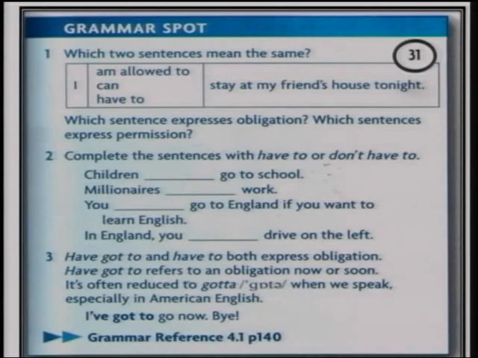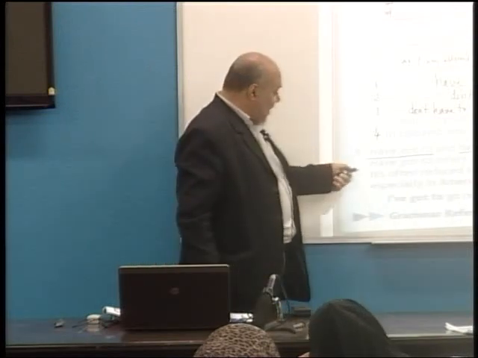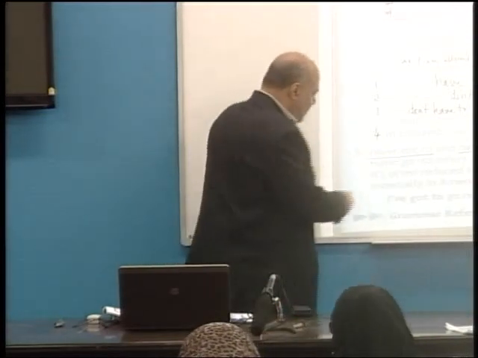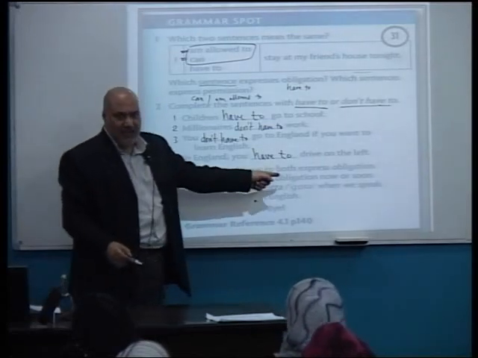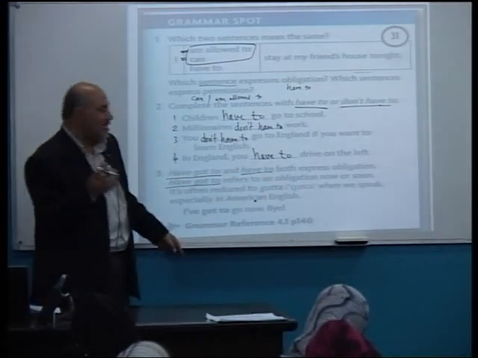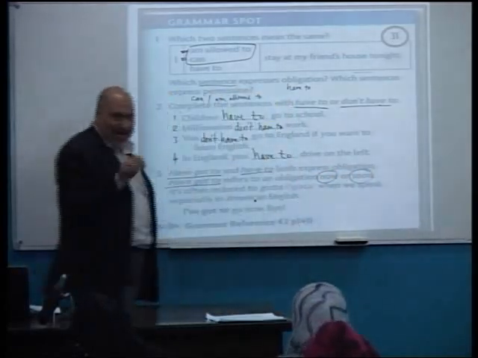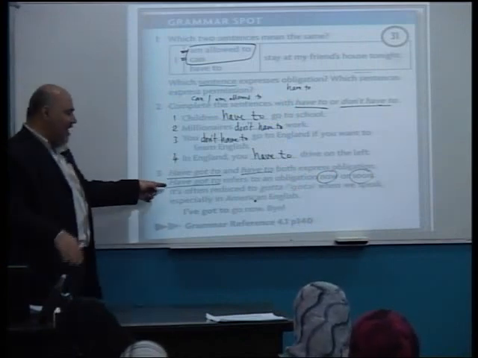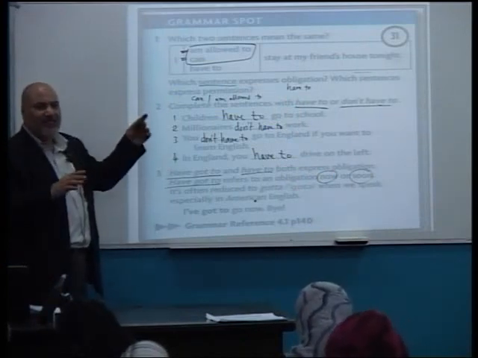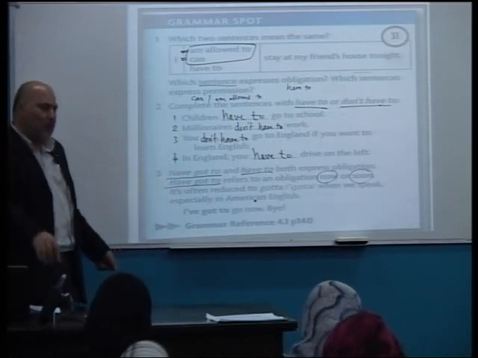When I say have got to or has got to, it refers to an obligation when? Now or soon. So they are the same, but have to is general, and have got to is now or soon.